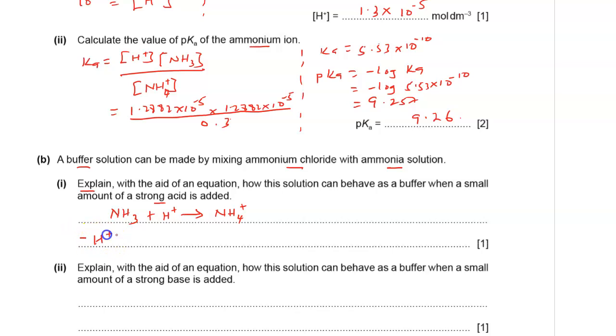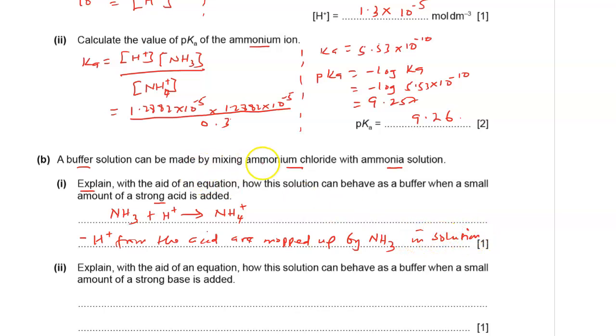So hydrogen ions are from the acid. So hydrogen ions from the acid are mopped up by the ammonia. When you add a small amount of acid, ammonia will pick them up in solution.